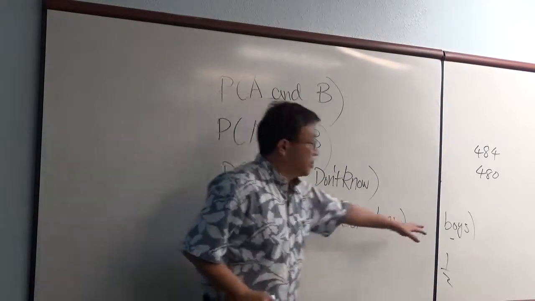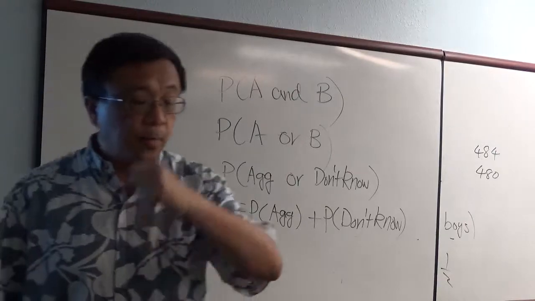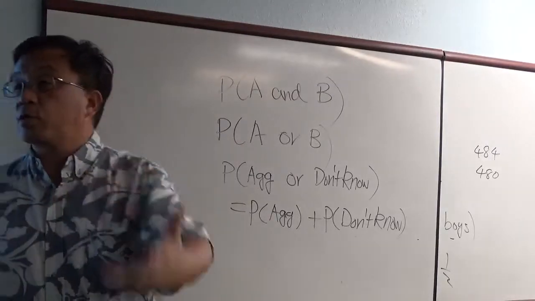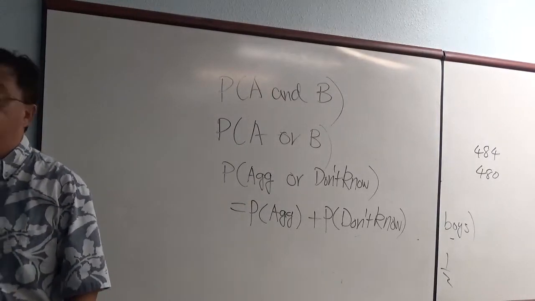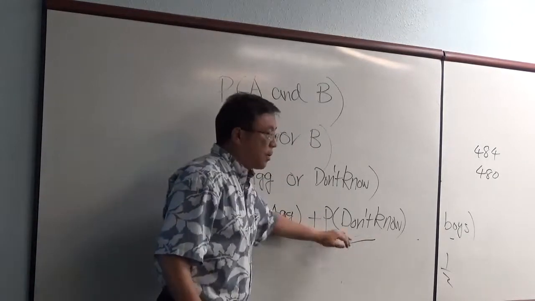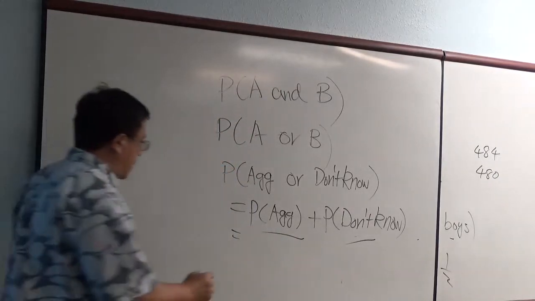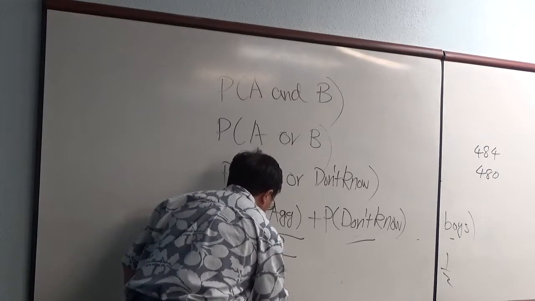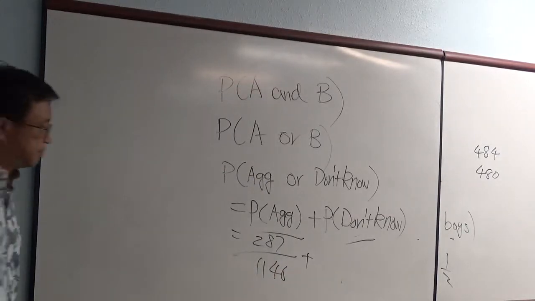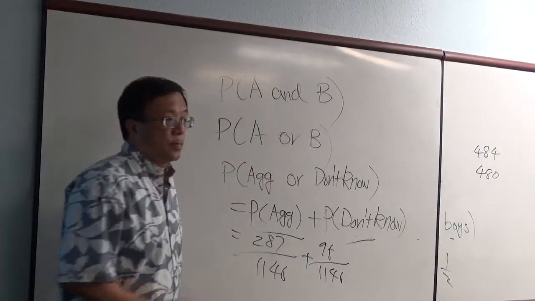We can, but the probability that a person agrees and doesn't know is 0, because the two events are mutually exclusive. So it's the probability of agree, 287 divided by 1146, plus the probability of don't know, 95 over 1146. Okay, good.